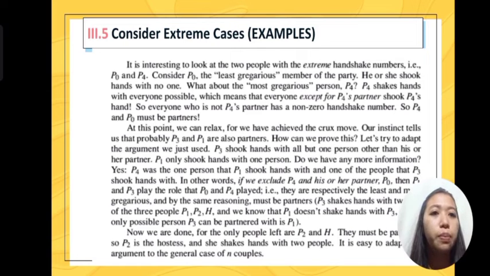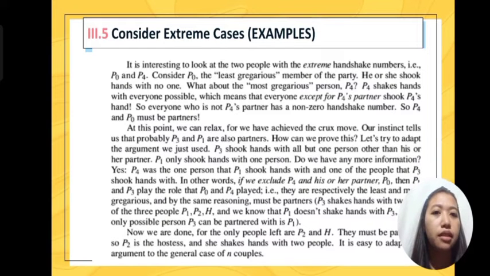Consider P0, the least gregarious or the least sociable member of the party. He or she shook hands with no one. What about the most gregarious or the most sociable person, P4?